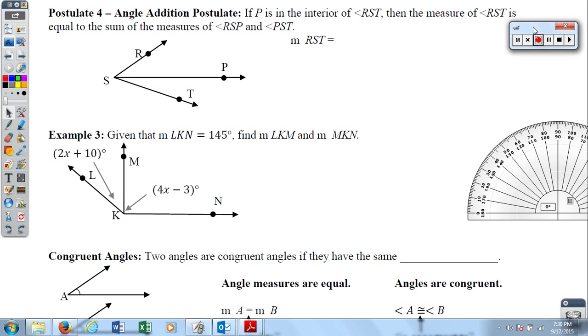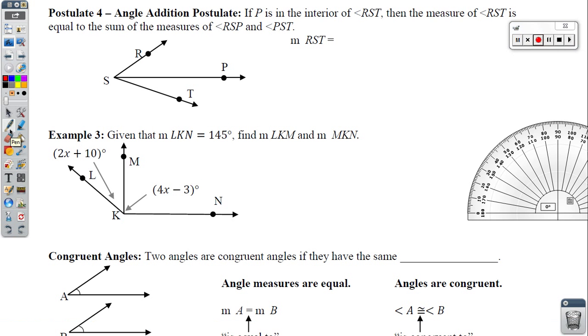All right, so if we're looking for the measure of angle RST, we can take the measure of angle RSP, that's this one in red, and add to it the measure of angle PST, which is this one in green. If we add those two angles together, we'll get the measure of the entire thing.